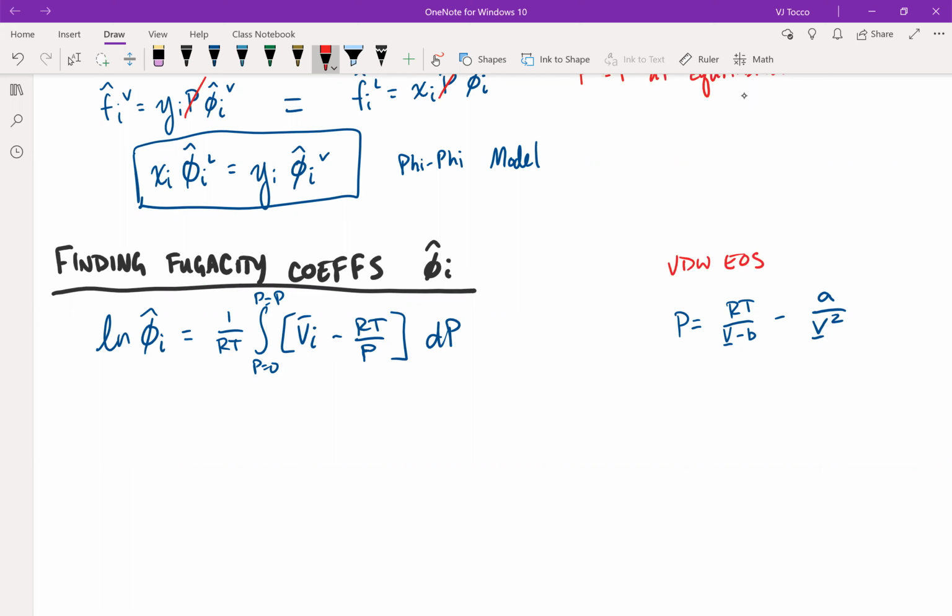But then also remember there was that other form that had volume as the integration variable, which we used when we had an equation of state where P was written as a function of T and V. So again, when P is a function of T and V, use the form where molar volume is the integration variable.